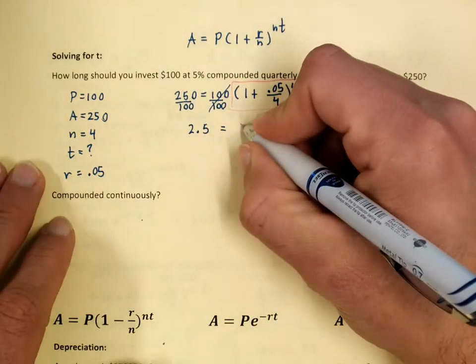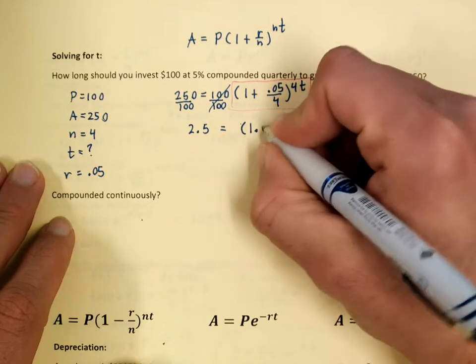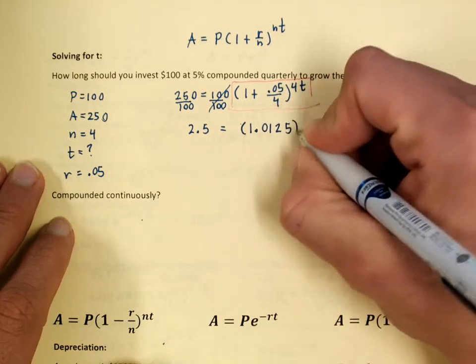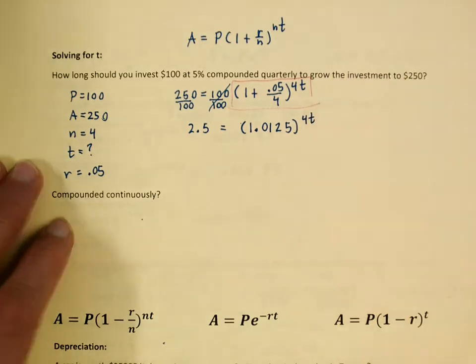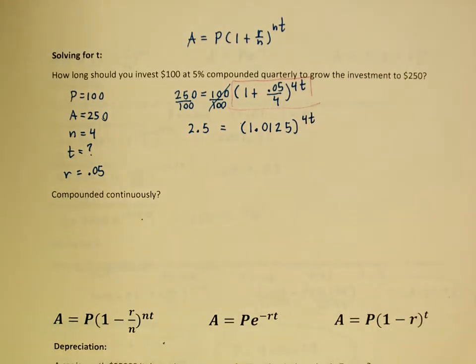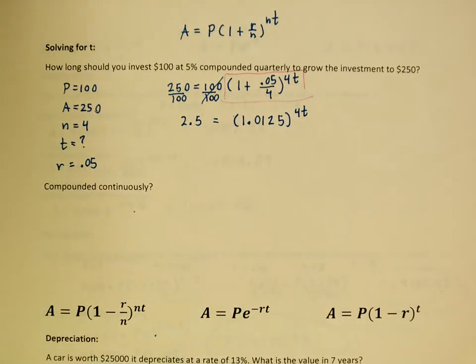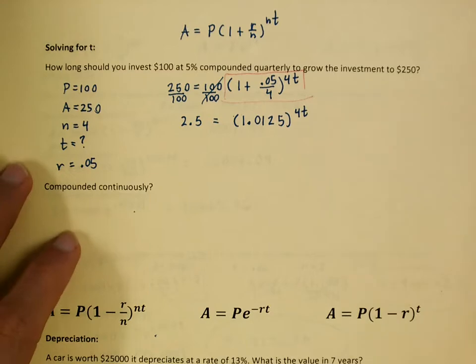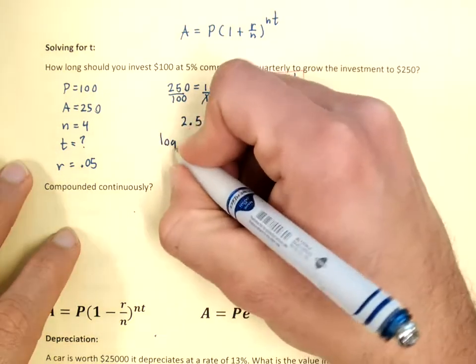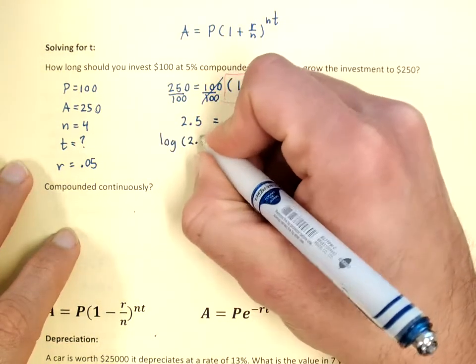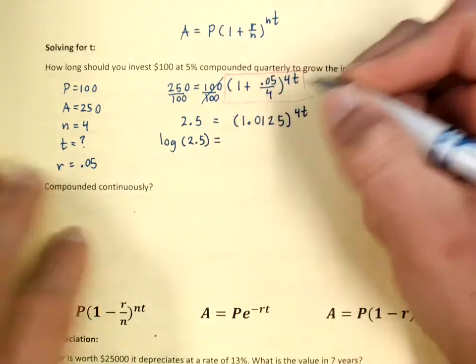And then this one is going to give us 1.0125 to the power of 4t. So that power right there, I want to get rid of it, right? What I'm looking for is in the power, so I'm going to have to use a logarithm to get that down. So I'm going to take the log of both sides. In this case, it would be easier just to take the log base 10, just because that's the key on your calculator.